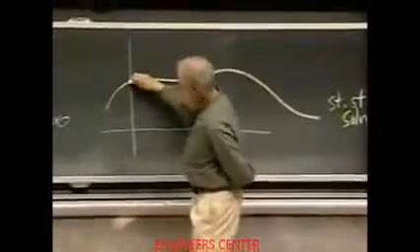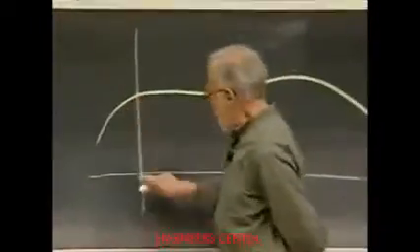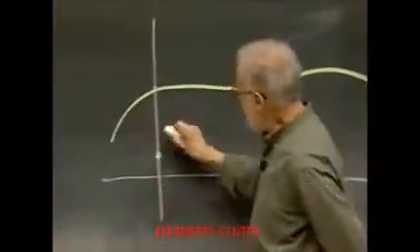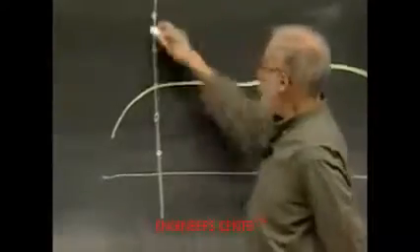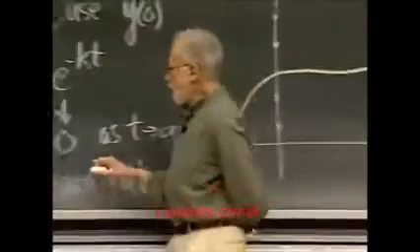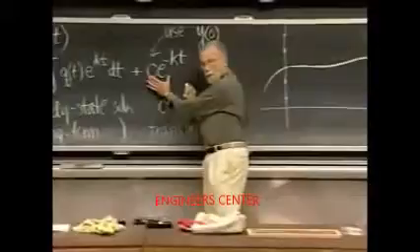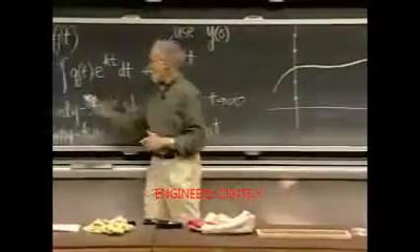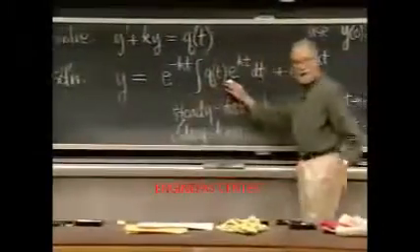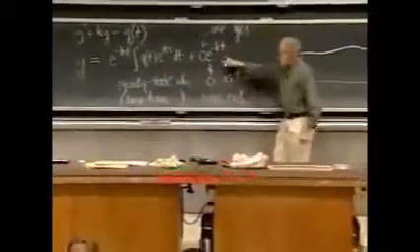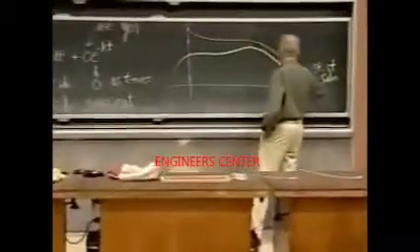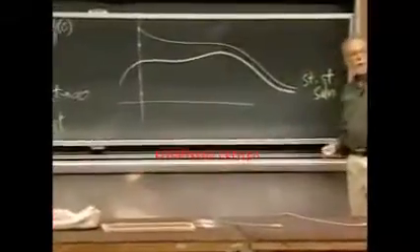What do the other solutions look like? Well, the steady state solution has this starting point. Other solutions can have any of these other starting points. So in the beginning, they won't look like the steady state solution, but we know that as time goes on, they must approach it, because this term represents the difference between the solution and the steady state solution. So this term is going to 0, and therefore whatever these do to start out with, after a while they must follow the steady state solution more and more closely.